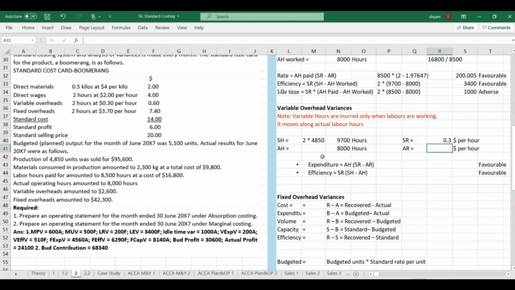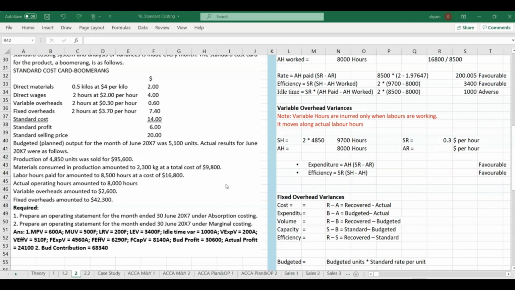What's the actual rate? Actual rate we have to find out. So totally they are incurring 2600 divided by, so what should we use? Should we use 8500 or should we use 8000? Which one do we have to take into account?